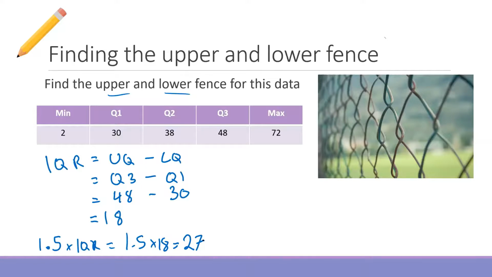Now that we've got that, we can take that information and do 2 different measurements. The first one we're going to do is find the lower fence.